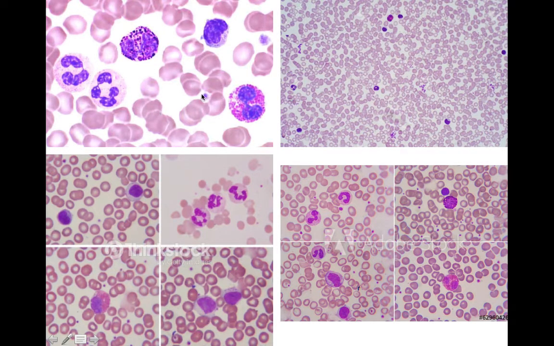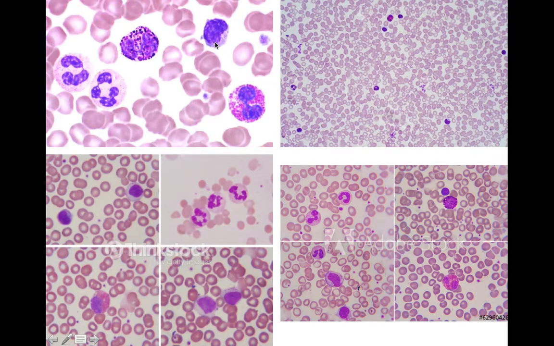So over here, they're pretty obvious what they are. These two are going to be neutrophils because they've got those multi-lobed nuclei. This one's going to be a basophil because it's got the really, really dark granules, can barely see the shape of the nucleus underneath it.